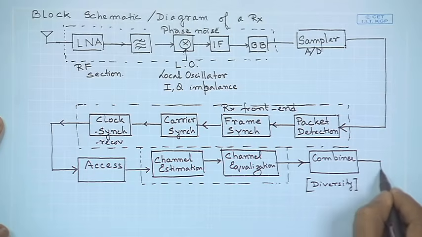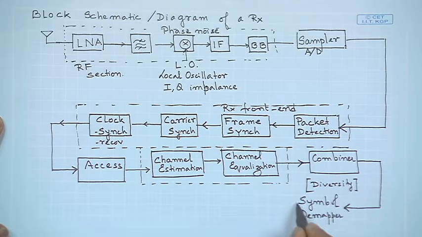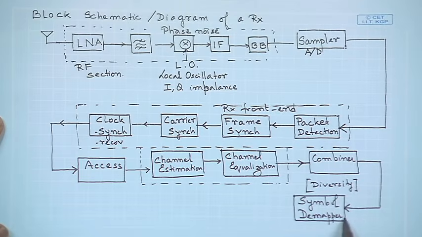So, once you are through with the combiner, the next block that you would encounter is the symbol demapper. This is the opposite of the symbol mapper, we will discuss it of course.